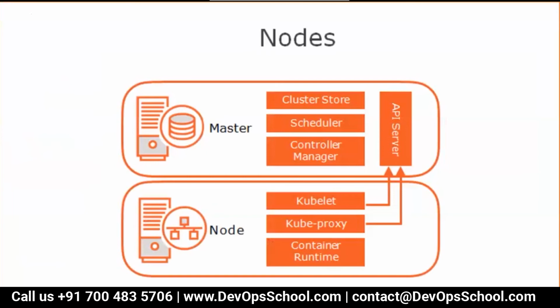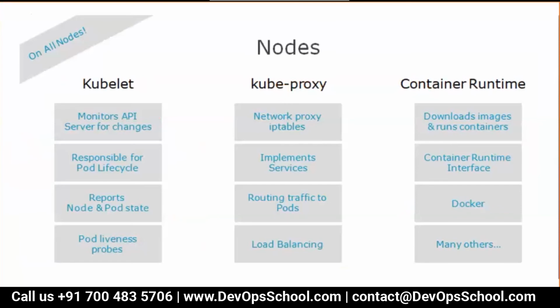So guys, this is the second important component we had, nodes. Let's sum up. What is a node? In each node you will find kubelet, kube-proxy and Docker. Kubelet monitors the API server for changes and is responsible for the pod lifecycle. When I say pod lifecycle, that means a pod can be instantiated, running or terminated. These are the lifecycle of the pod, which is the responsibility of kubelet.